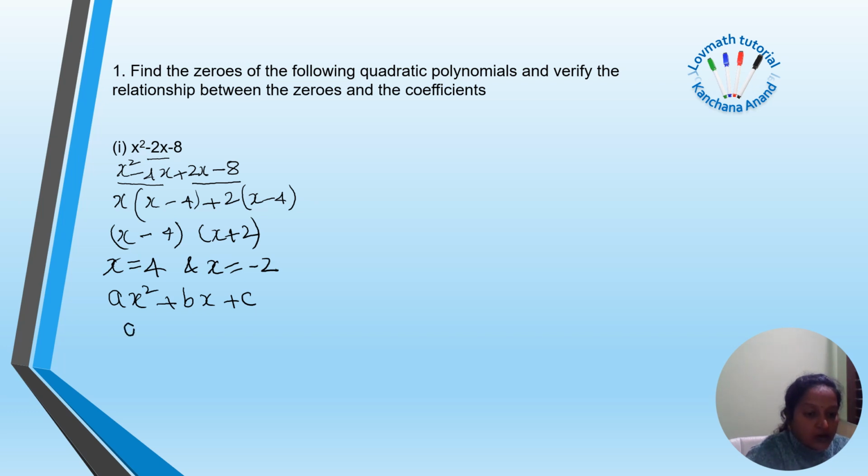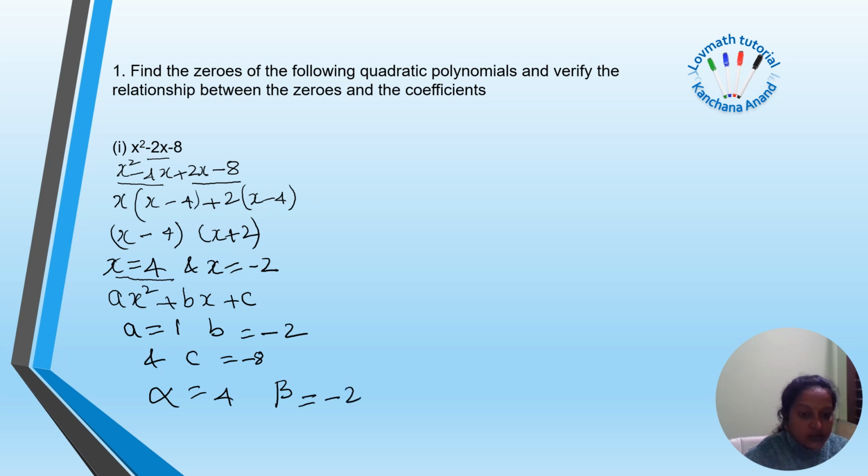Here a is equal to 1 and b is equal to minus 2 and c is equal to minus 8. And let us assume that alpha is equal to 4 and beta is equal to minus 2.